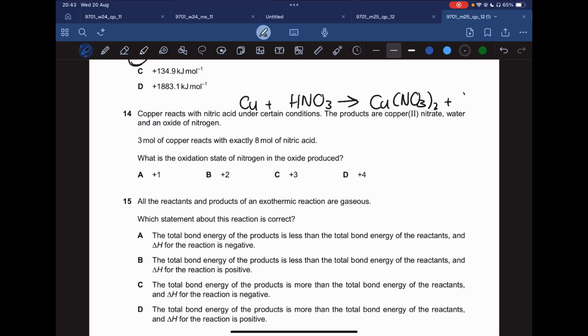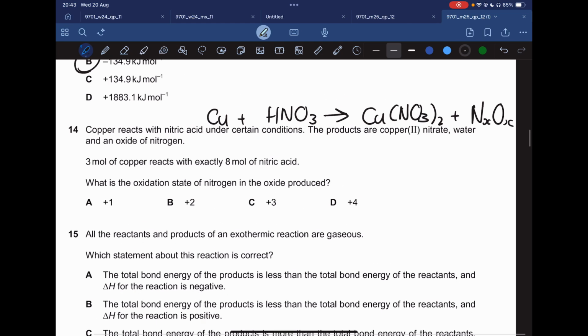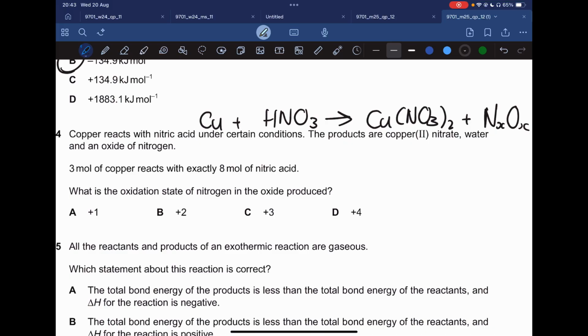And we have some sort of NxOx, we don't know. It tells you that 3 moles of copper reacts with exactly 8 moles of nitric acid.